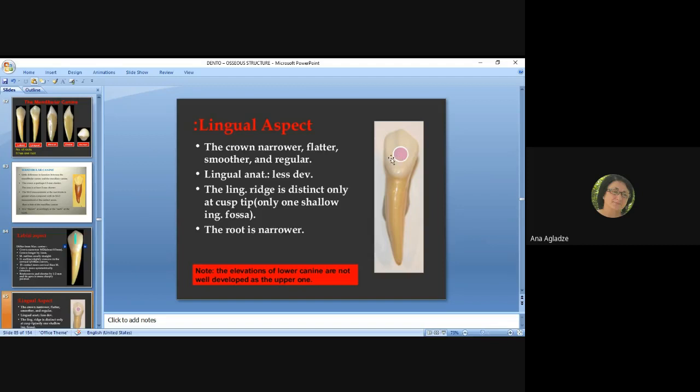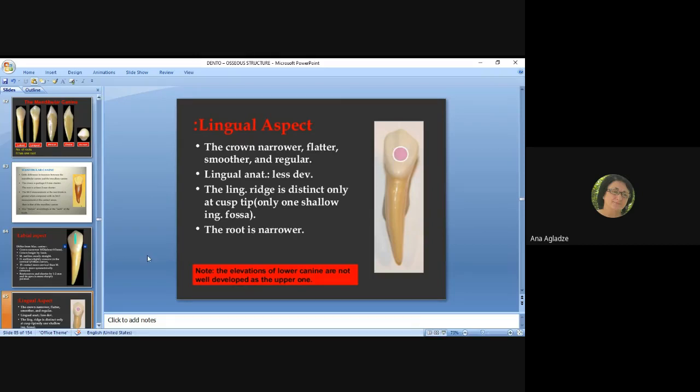There are no lingual ridges; they are not distinct on both sides. And you can see cusp tip, distinct only at cusp tip here. It is distinct at cusp tip, and one shallow fossa.